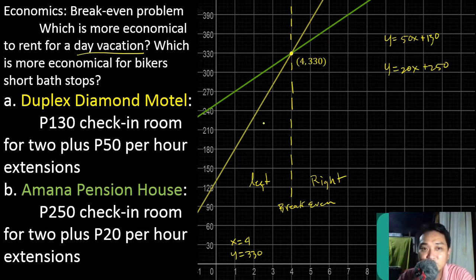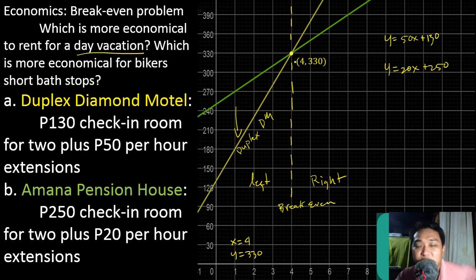Kung mapapansin nyo po, dito sa left side, mas mababa yung graph ni Duplex Diamond Motel, yung yellow. So, ibig sabihin, si Duplex Diamond Motel, yung mas mura.